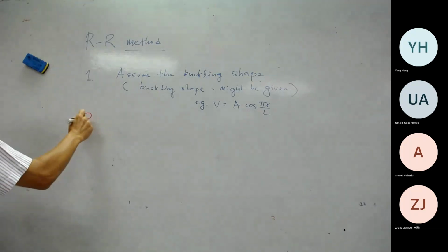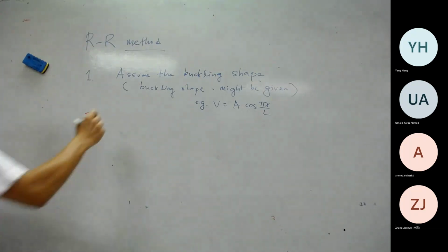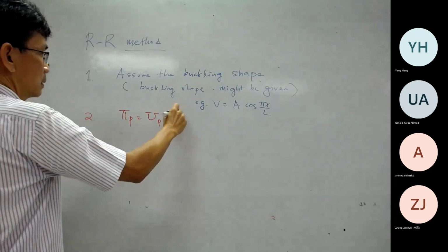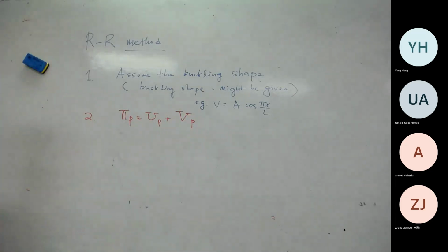The next one after that, you have to form the pi P, which is UP plus VP.